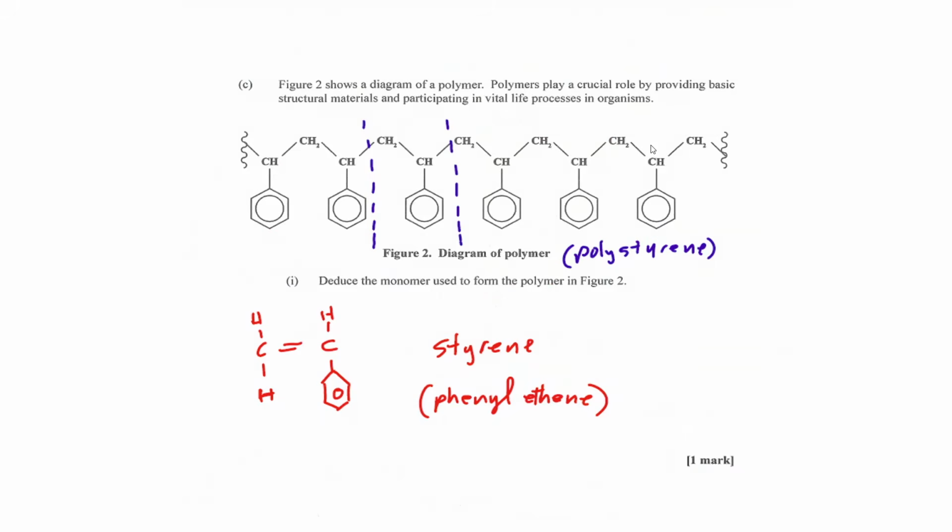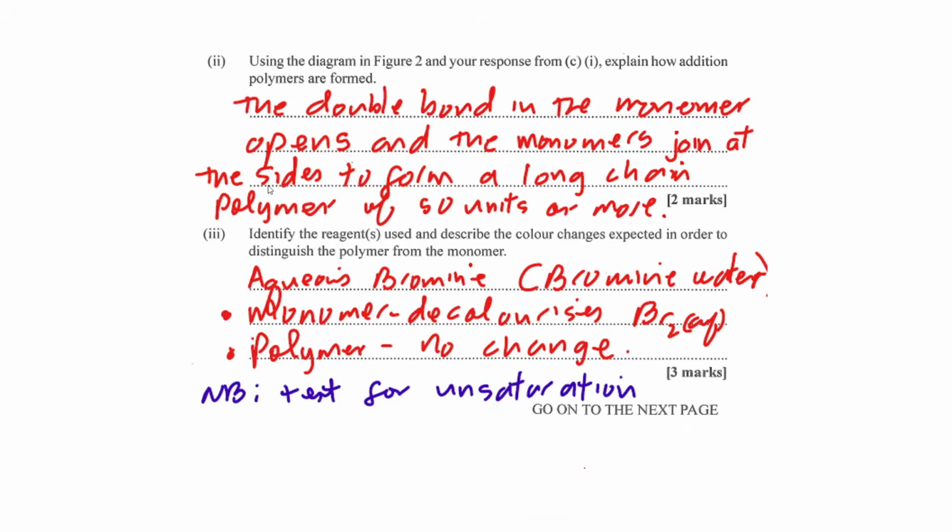All right, so what you do, you want to first look at part 1, which is to deduce the monomer used to form the polymer in figure 2. So here we have our styrene or our phenylethene as our monomer. So what you do is you look for your repeating unit and simply add a double bond, and that is your monomer.